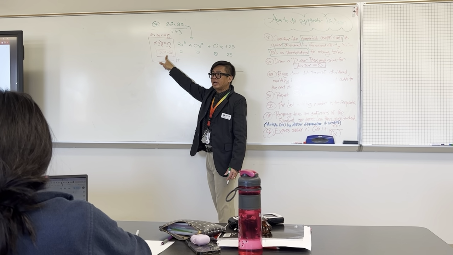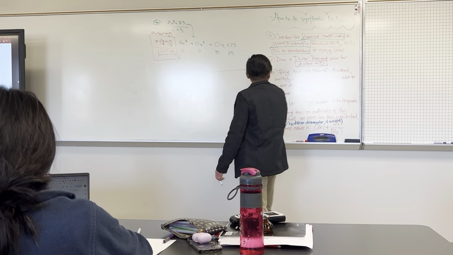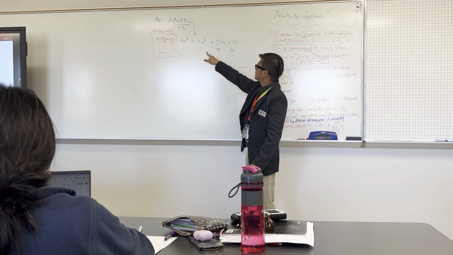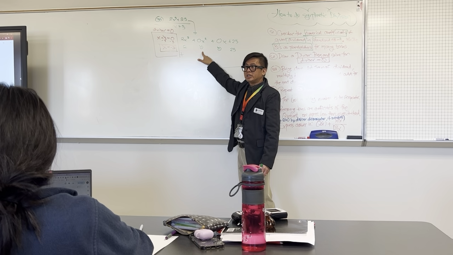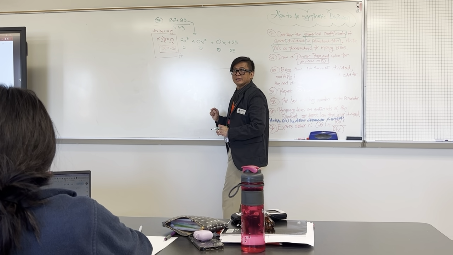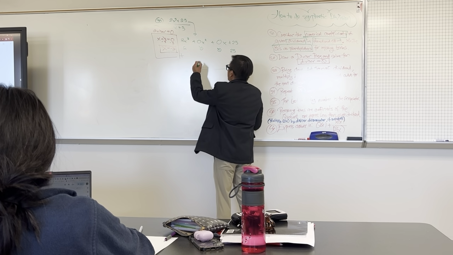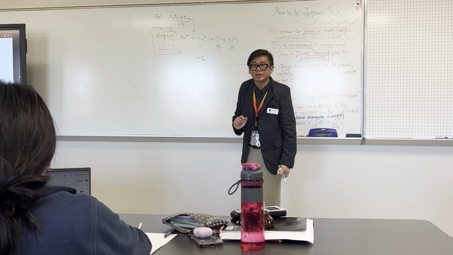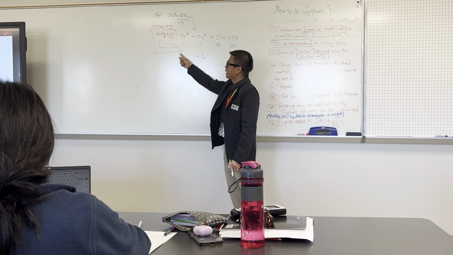What's 2 times negative 3? Negative 6. And that negative 6, you're going to add it to the next dividend, which is 0. So again, what's 2 times negative 3? Negative 6, and you add it to the next dividend, which is 0. What's 0 plus negative 6?